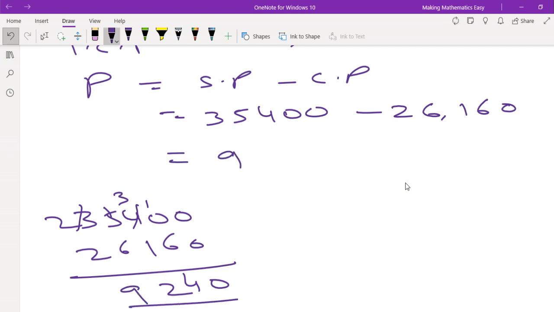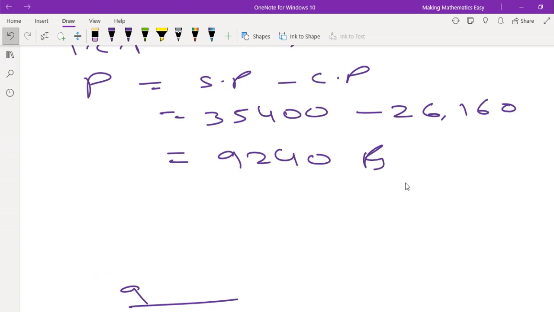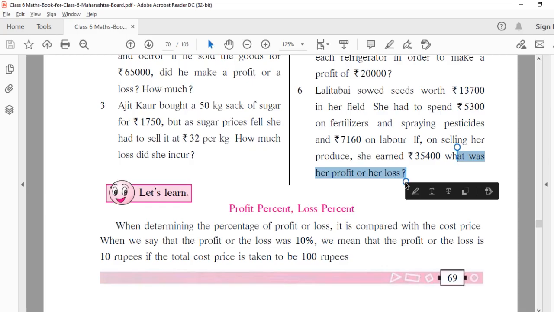So this is 9,240 rupees. So Sunita Bai made a profit of 9,240 by selling those produce.